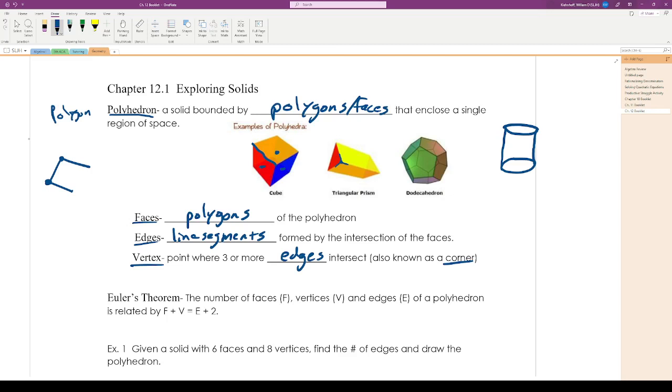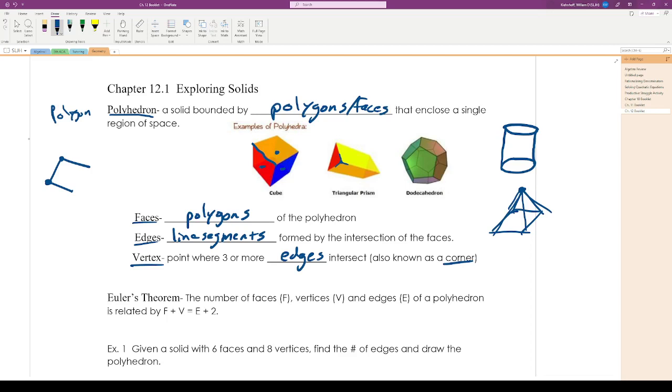But we could have more than 3, basically any number. If you think about a pyramid, I'm not good at all at drawing 3D shapes, by the way. So we have a pyramid that's something like that. So just go with me. It's a square pyramid, we'll pretend. This apex point right here is going to have as many edges connected to it as there are sides on the base.